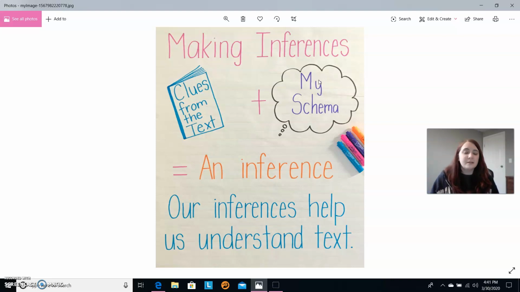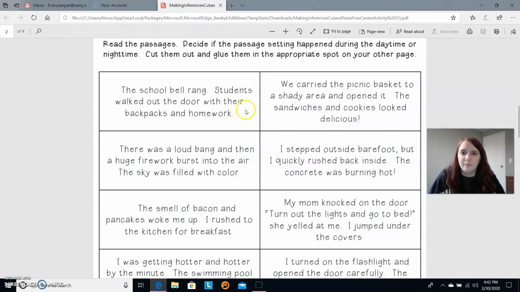So what we're going to do next is read through a couple little blurbs, and we're going to use our inferencing skills to determine if it takes place in the daytime or the nighttime. Okay? So the first one we're going to look at is this one right here. The school bell rang.